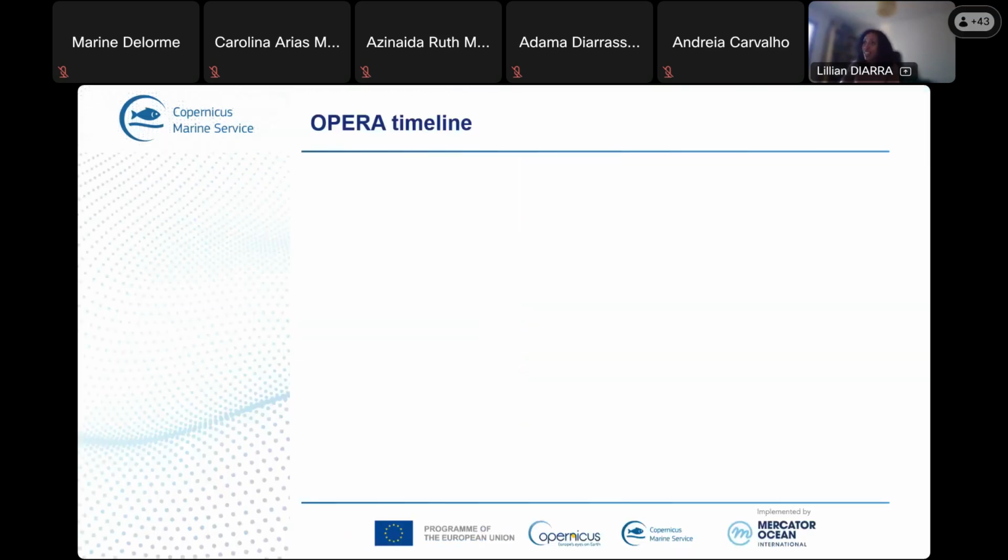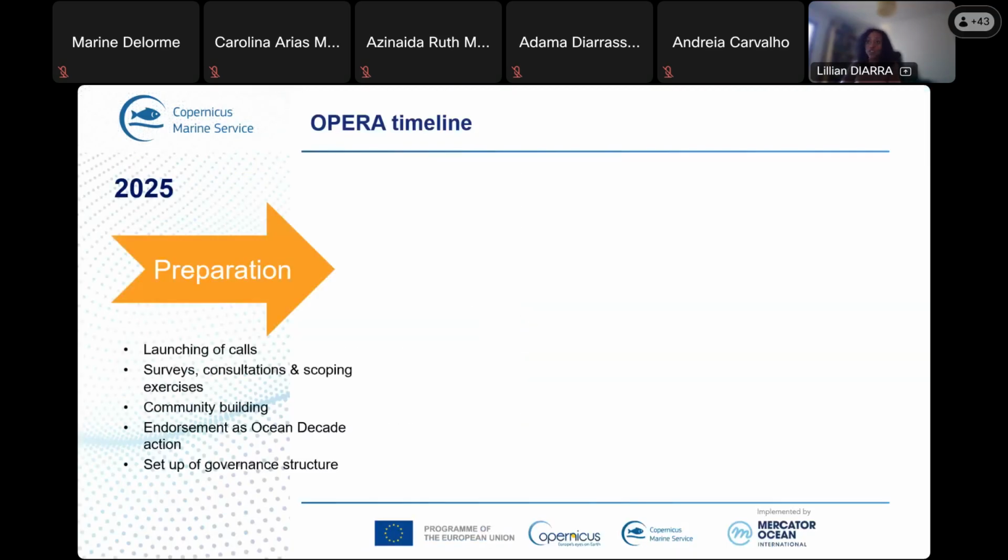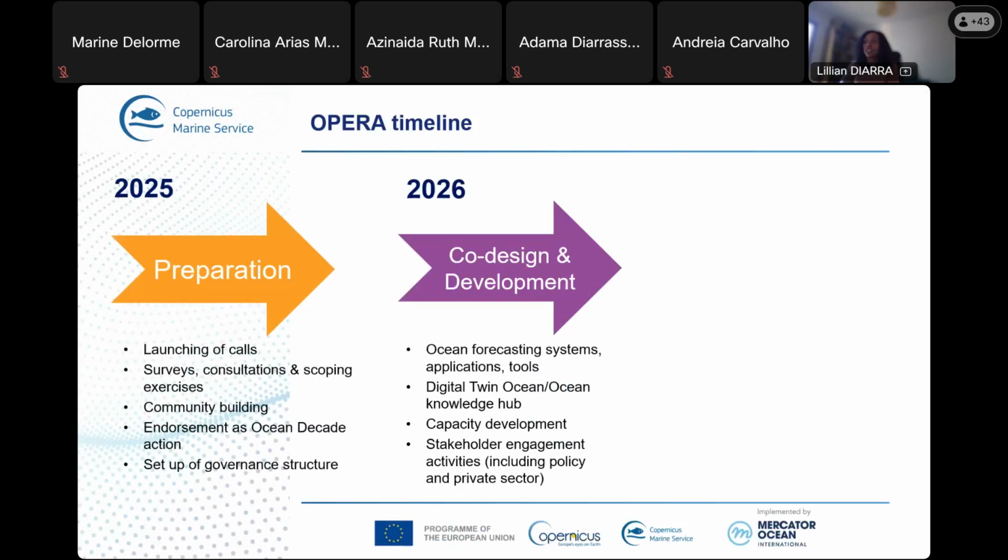So the OPERA timeline. This year was very much preparation, scoping exercises, consultations with different partners, and setting up of the governance structure. From next year, we are going to start implementation of the project. All the different partners will be in place, and the different developments can start. From the ocean forecasting systems to the applications and tools, we can start working on this African Digital Twin Ocean platform.